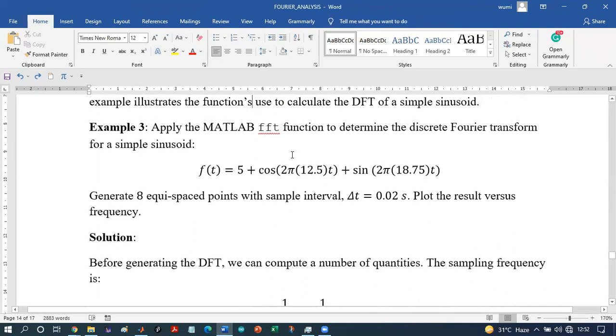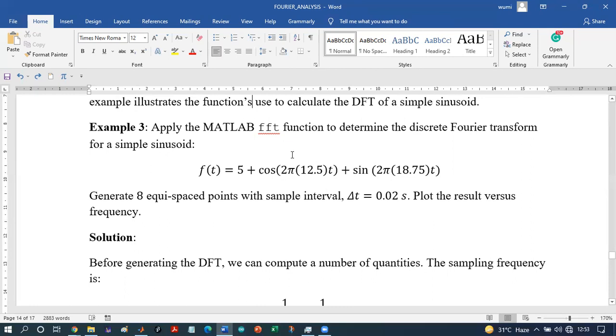First of all, we are going to do it by hand. Then subsequently, we will do it using Matlab. You should know both of them. You should be able to write the Matlab code, and you should also be able to do it by hand. The question says you should find the DFT of this particular signal, given these parameters.